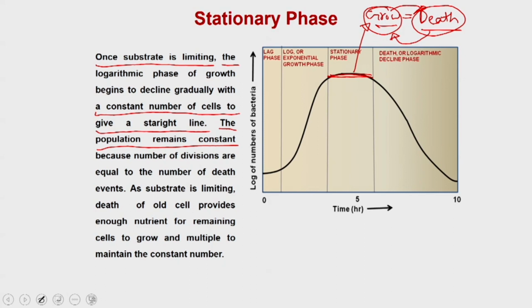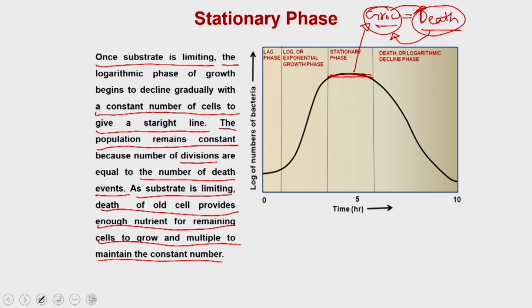Because the number of divisions is going to be equal to the number of death events. As substrate is limiting, the death of old cells provides enough nutrients for the remaining cells to grow and multiply to maintain the constant number.